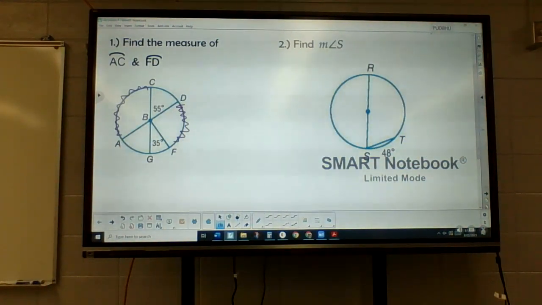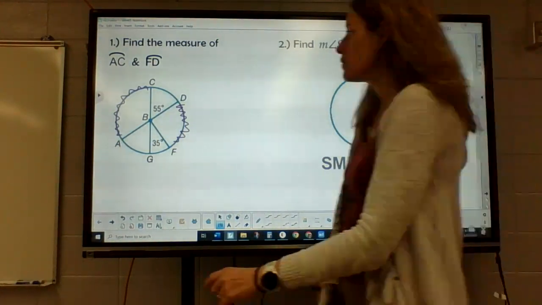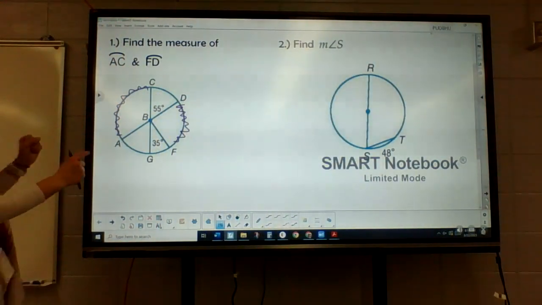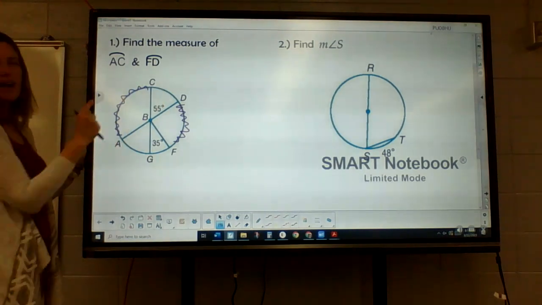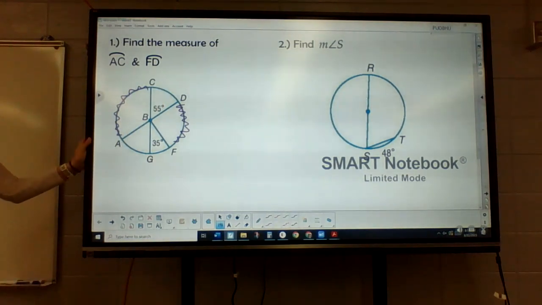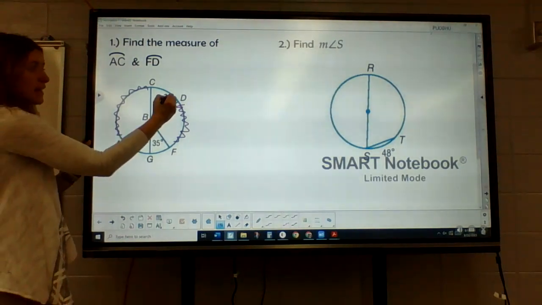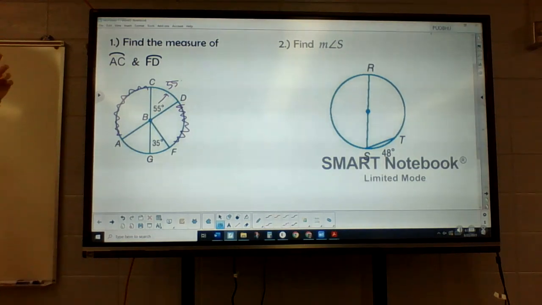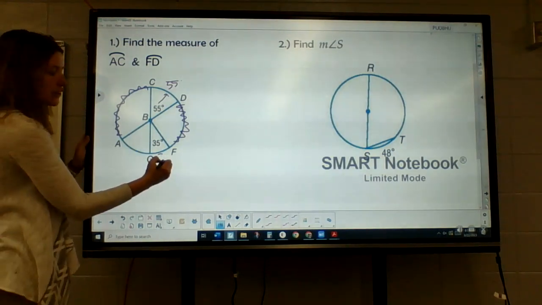So noticing the difference between those two. So in this problem, what's the arc CD going to be? It's just going to be 55. If it's a central angle, the arc and the angle are the same measure, okay?